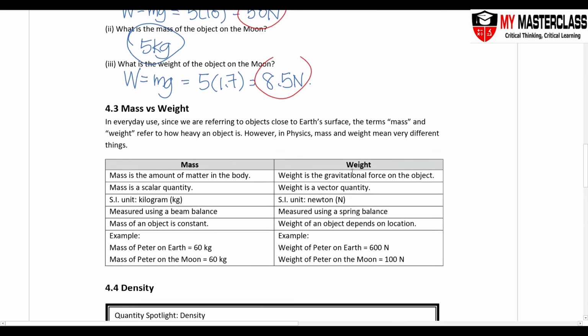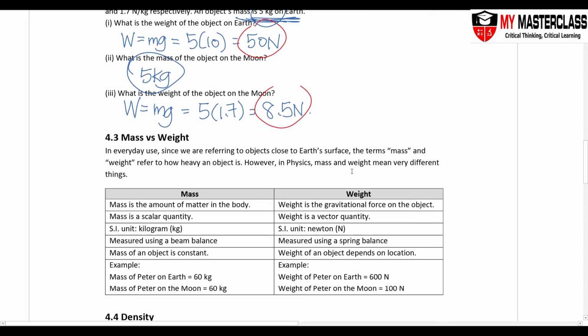So here is a neat table comparing the difference between mass and weight. Mass is the amount of matter, which is a property of the object itself, and weight is actually the amount of force that the planet is pulling the object with.